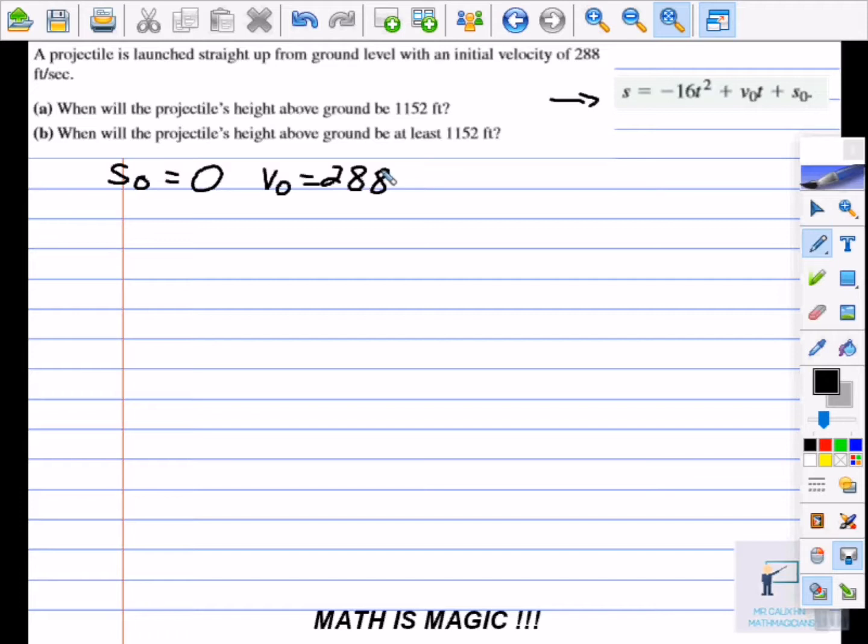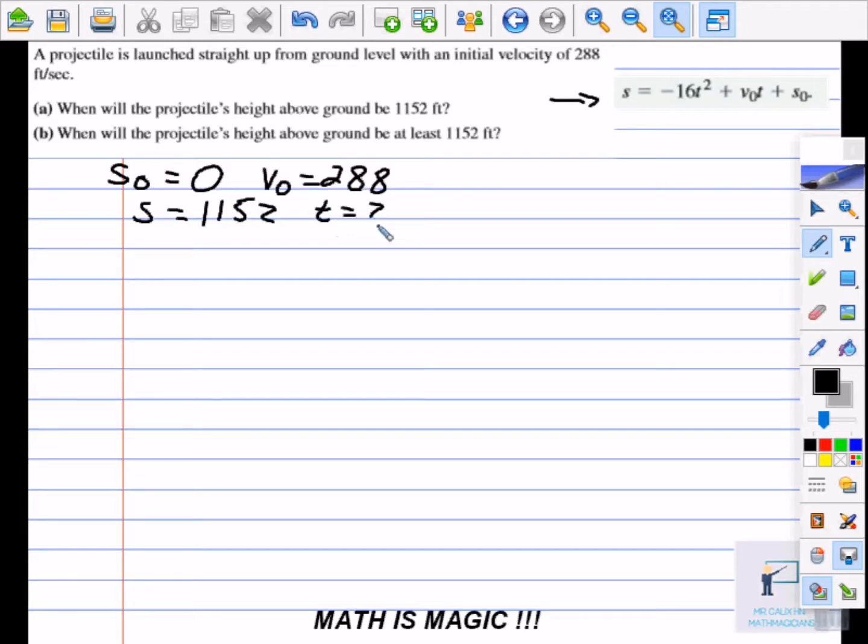Letter A is asking, when will the projectile's height above ground be 1,152 feet? That would be your S. What you're looking for is your time.